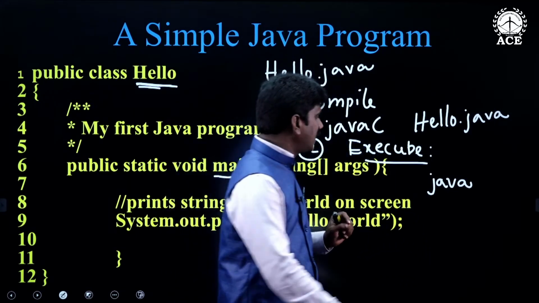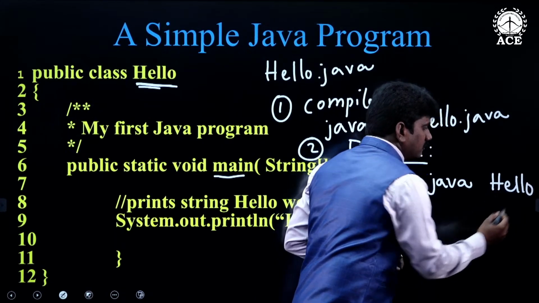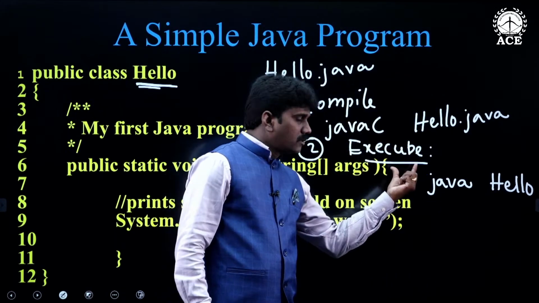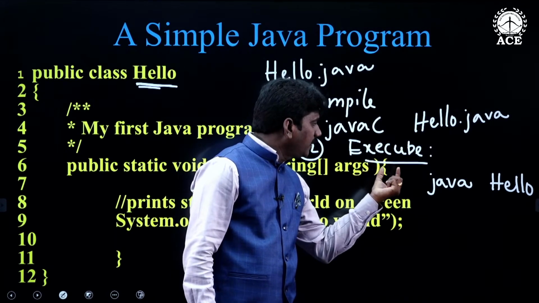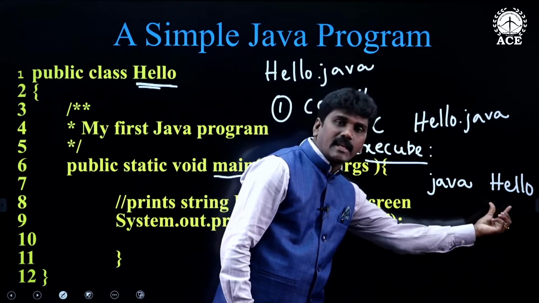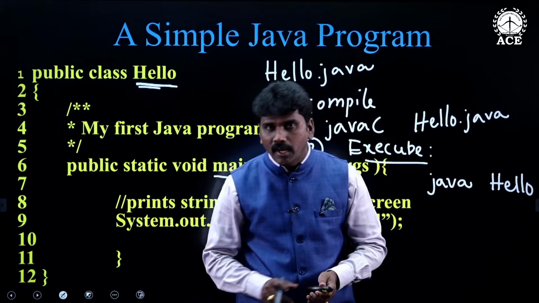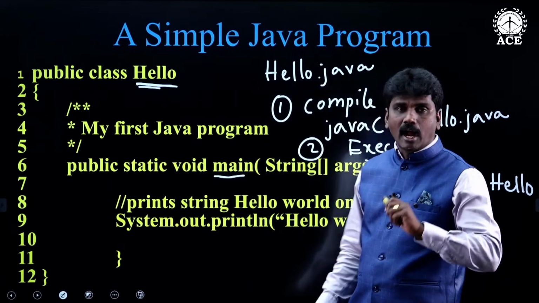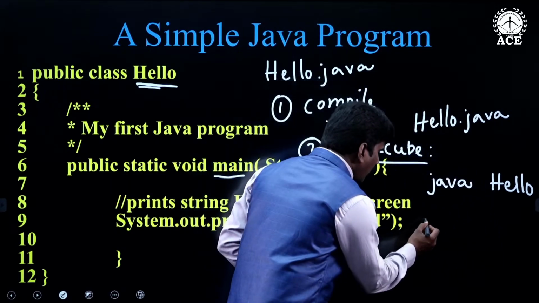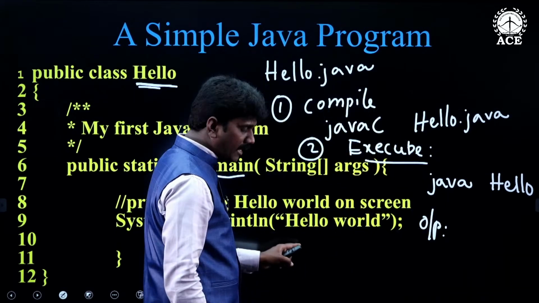That same class name we have to use. So to run or execute the Java program, we use java space hello. Whenever we give this statement, the program is going to be executed.